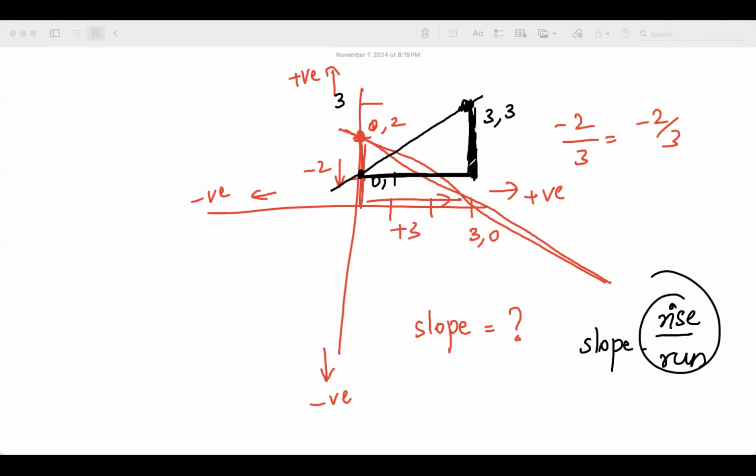How many units it went down? 3. So it went down, so that's a -3. It went to the left again. How many units? 3. That's also a -3 because it went to the left. So what is the slope? -3 divided by -3 is a 1. Did you get it?